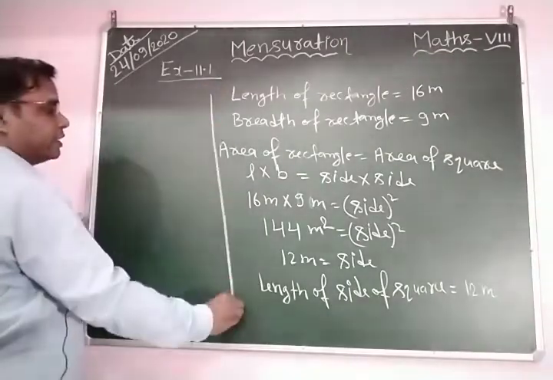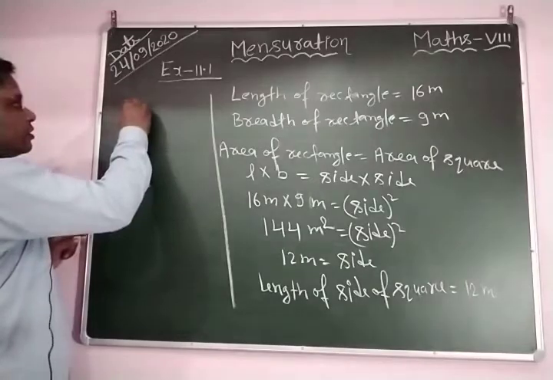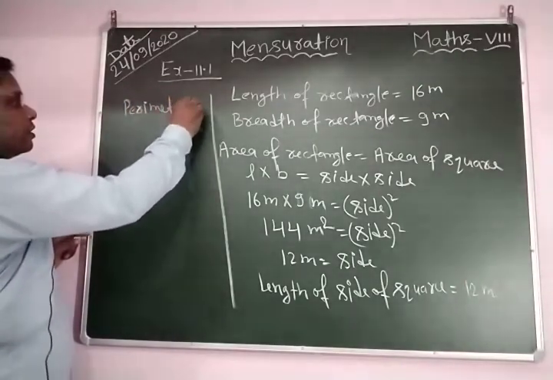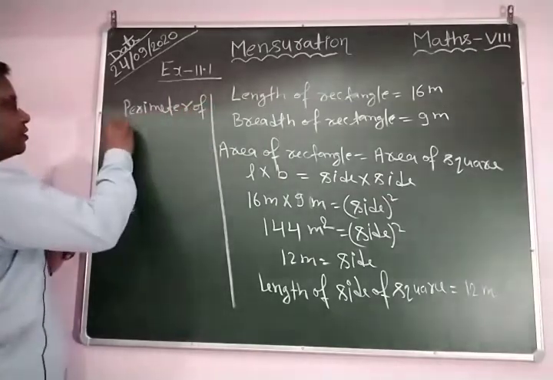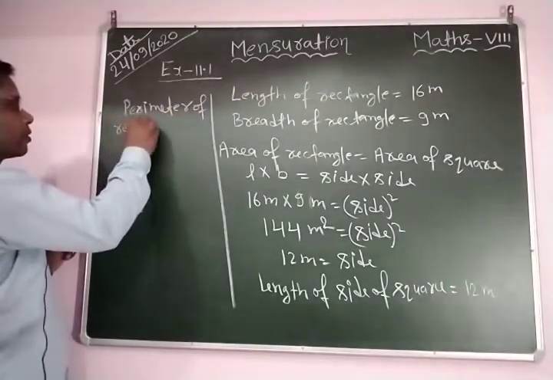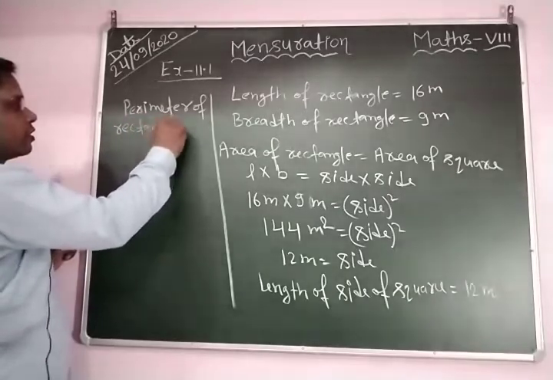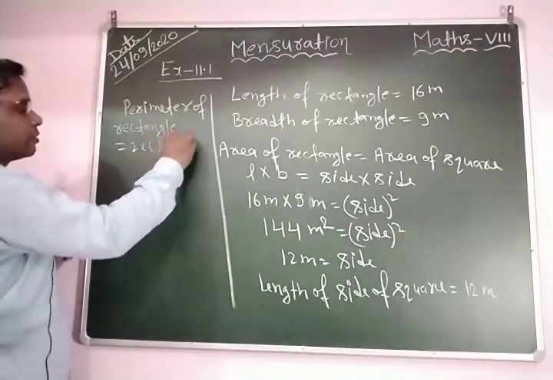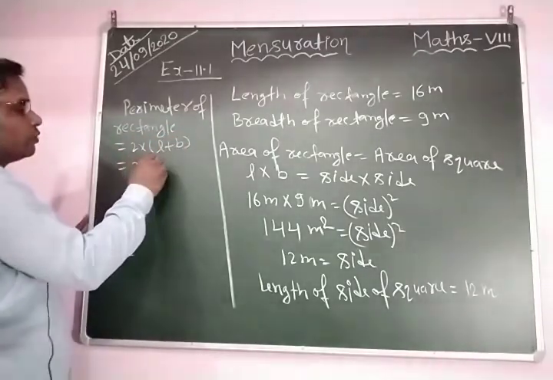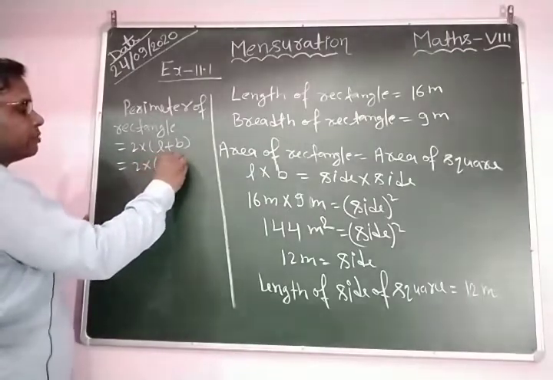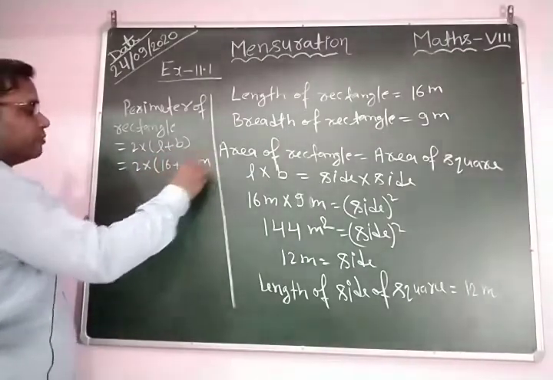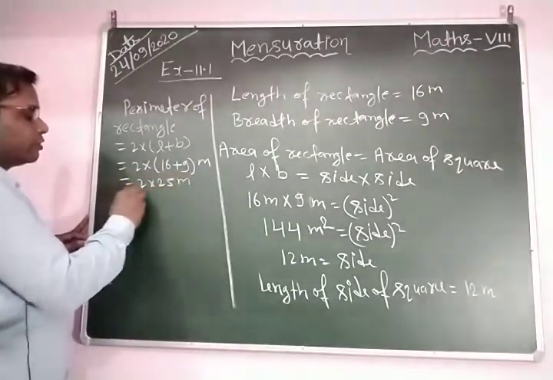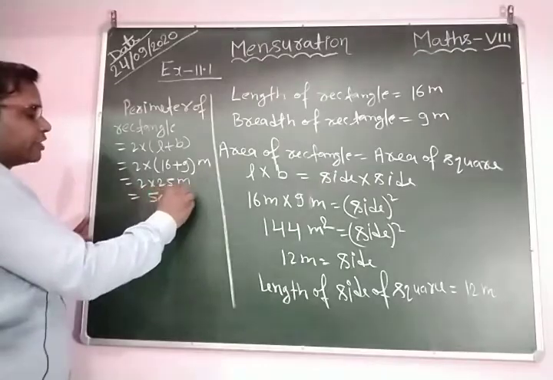Okay, so you can write here perimeter of rectangle is equal to 2 into length plus breadth. This is equal to 2 into the length given here 16 plus breadth 9 meter. This is equal to 2 into 25 meter. This is equal to 50 meter.